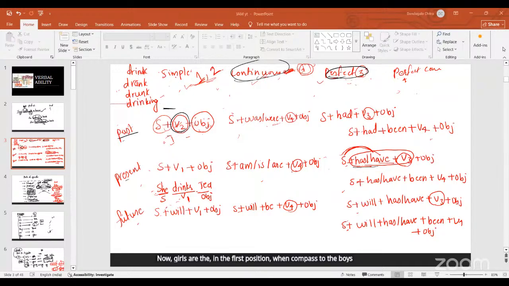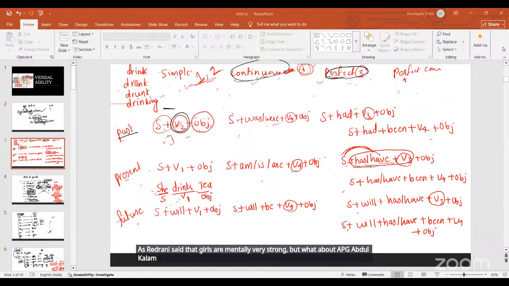In some situations, girls are dramatic rather than boys, so I support the boys' side. Reddy Rani said that girls are mentally very strong, but what about APJ Abdul Kalam? His mind is very strong and his actions are mentally strong because he keeps all his senses in limit and talks accordingly, right?